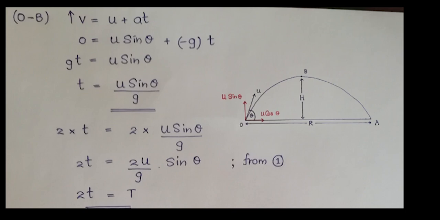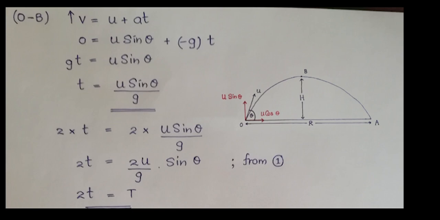Then I got an answer for capital T. Can you remember equation 1? Flight time equals 2u over g into sin theta. Here I have small t as u sin theta over g.